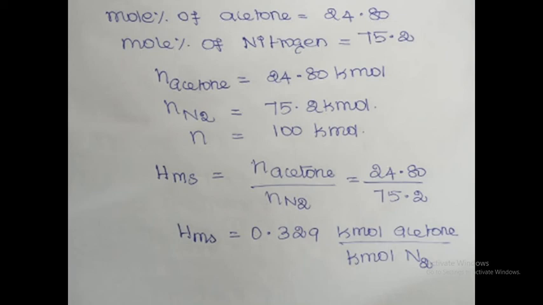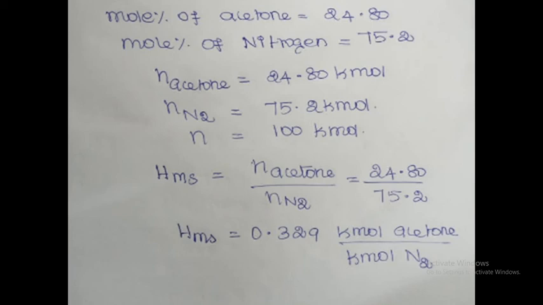Which one is the other component? Nitrogen. How will you calculate the mole percentage of nitrogen? Total percentage is 100. One component is 24.80, so the other component is 100 minus 24.80, which is equal to 75.2. This is the mole percentage of nitrogen.